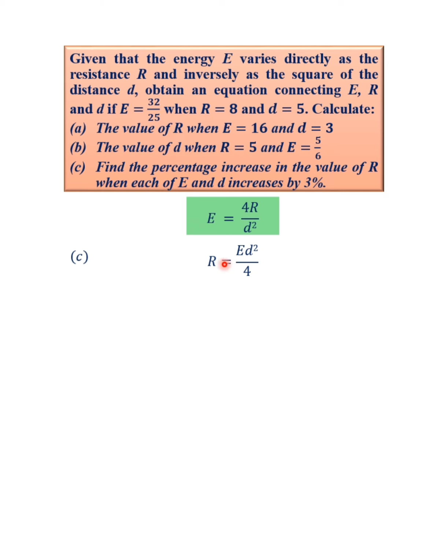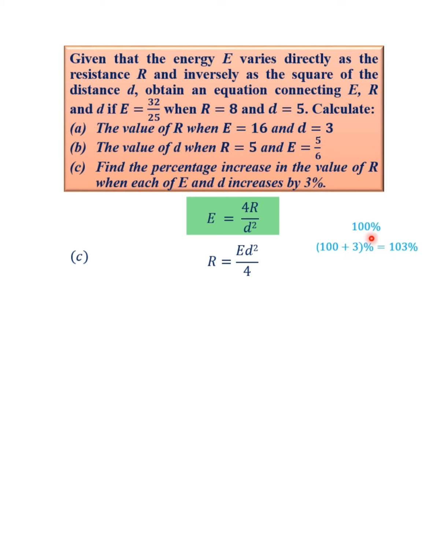Now that we've made R the subject of formula, let us find the percentage increase in R when E and D increase each by 3%. Let's get some concepts clear. When I say 100%, what comes to your mind? It means complete. It means that is the full value. If the full value increases by a certain amount, say 3% as in this question, we can say that the 100% can now be represented as 100 plus 3%, and that is 103%.